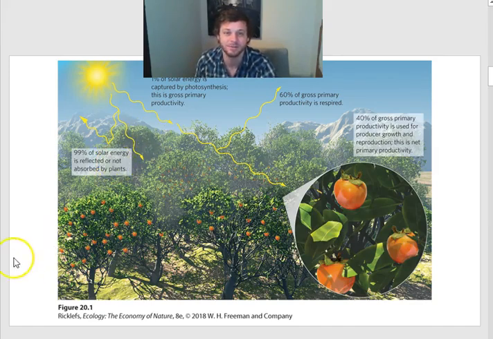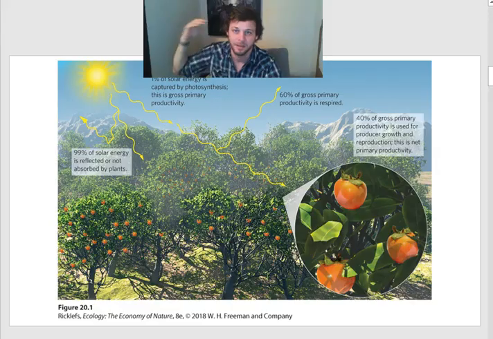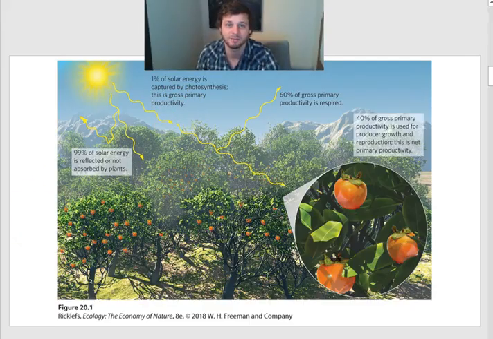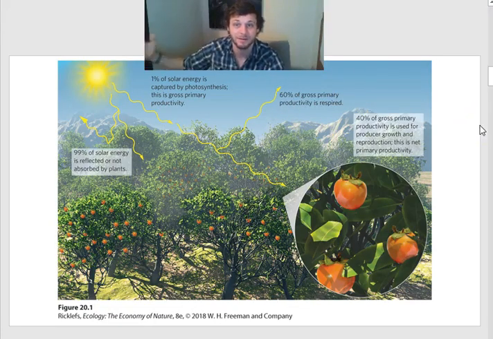So 99% of the solar energy that makes it through the atmosphere doesn't get absorbed by plants. It gets reflected by the plants. Only 1% of this solar energy actually gets absorbed and used for primary production. And then out of that 1%, more than half of it, 60%, is lost through respiration.